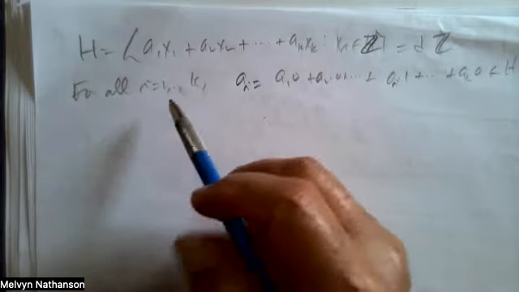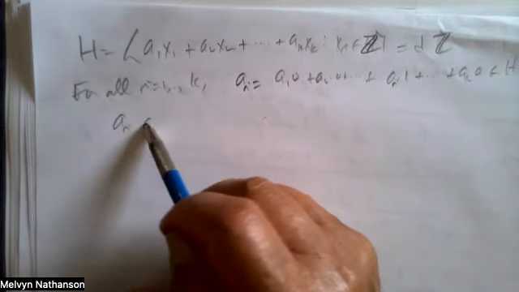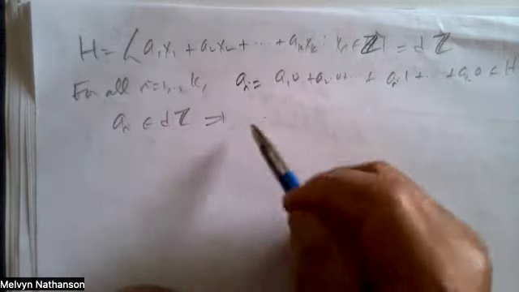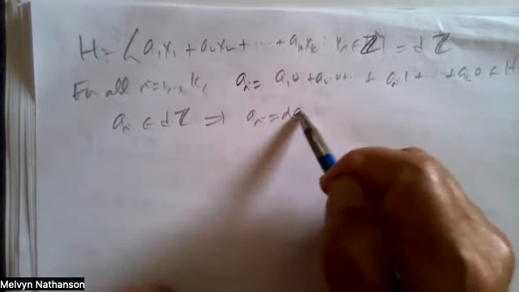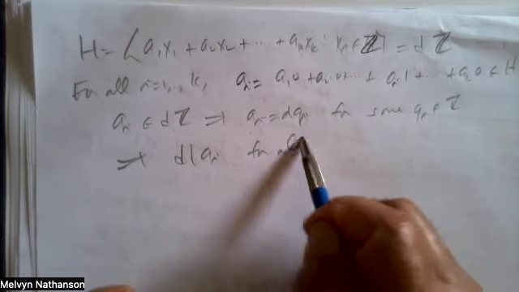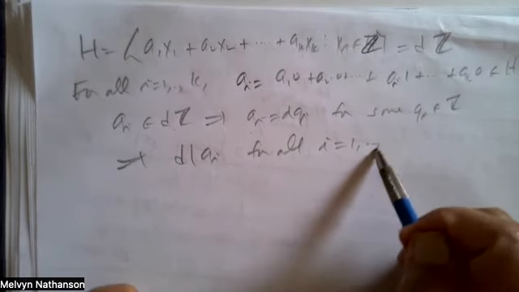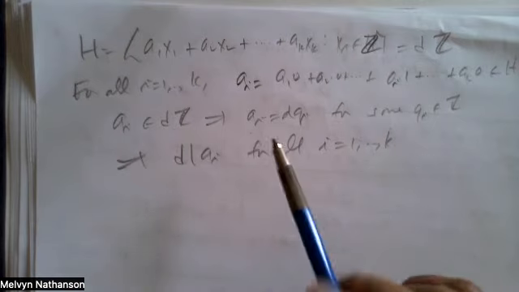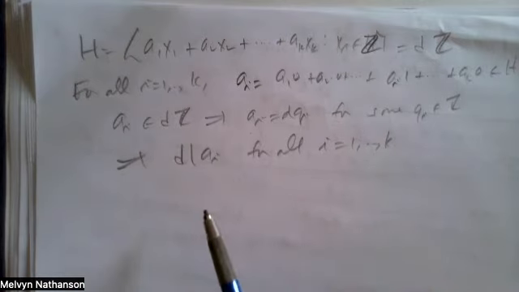This is in H. So Ai is in dZ, which means Ai is d times qi for some qi in Z, which means d divides Ai for all i. So this number d is a common divisor of A1 up to Ak.